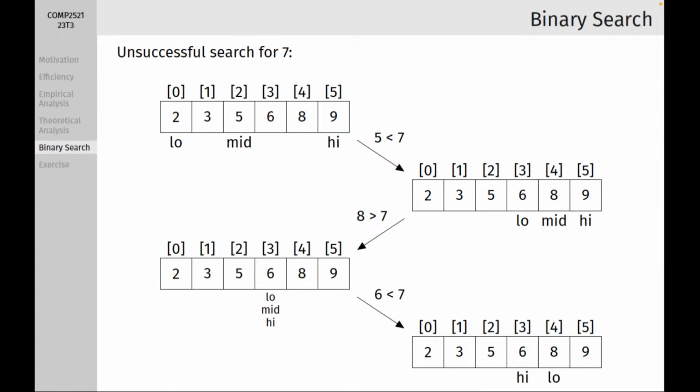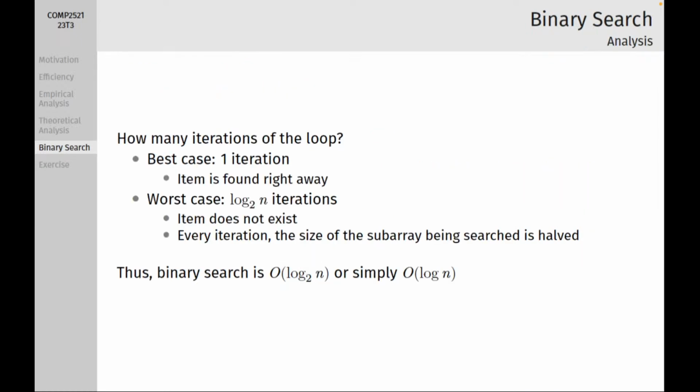So the question is, how many times can you halve your search space before you run out of space, until you have nothing left to search? And that would be log base 2 n. So we have log base 2 n iterations, and that would occur if the item doesn't exist.